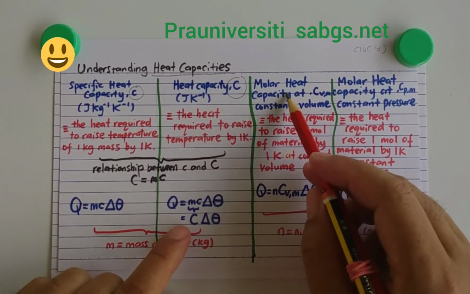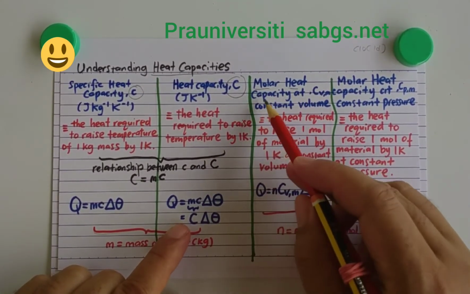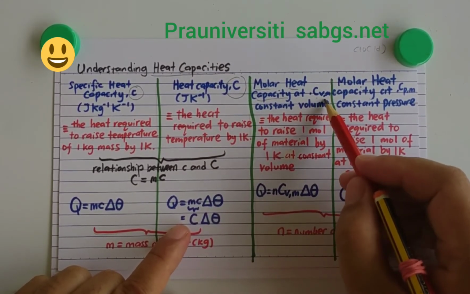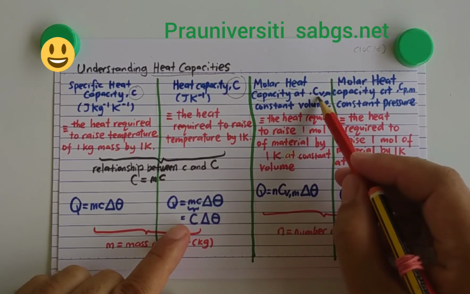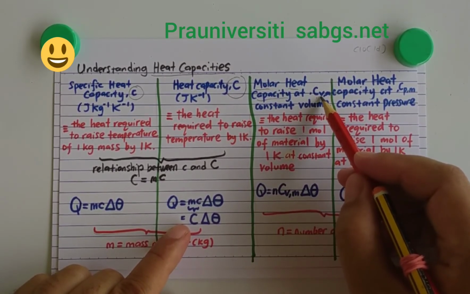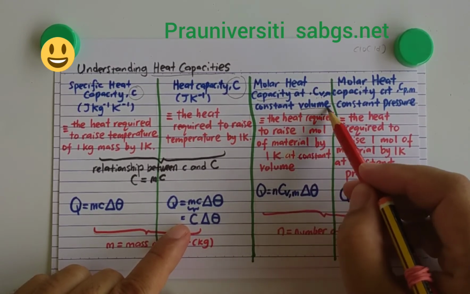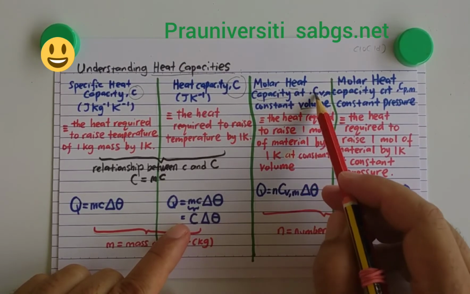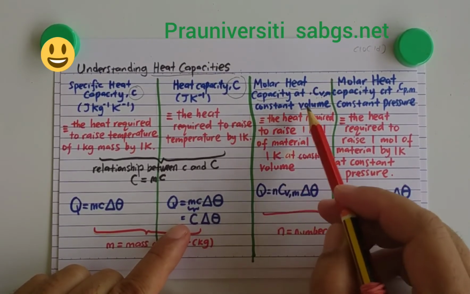And then another heat capacity is the molar heat capacity, and the symbol is CVM. C is the heat capacity, V refers to the constant volume, M is the mole. So molar heat capacity CVM at constant volume.